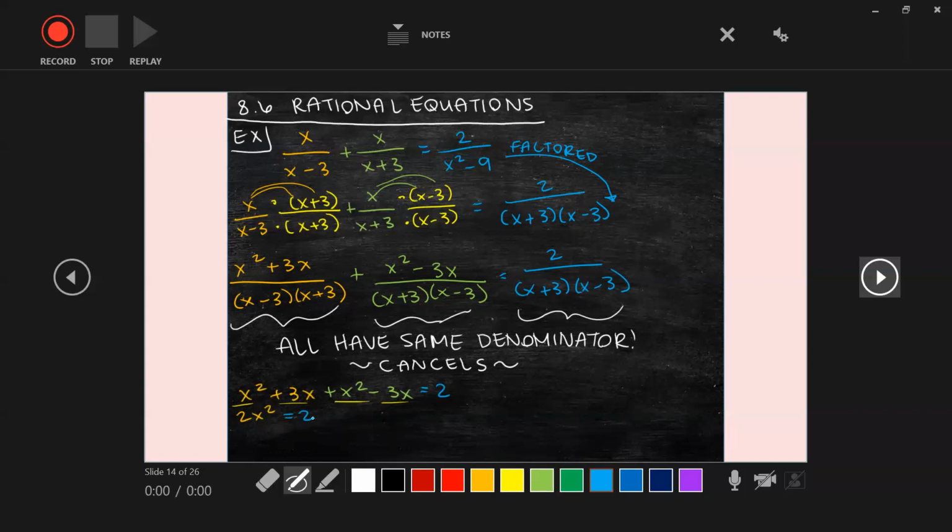What's the next step in solving this? Divide both sides by 2. So I'm going to have x squared is equal to what? 1. So Emma, how do I finish out this problem? I've got x squared is equal to 1. How do I get rid of a square?